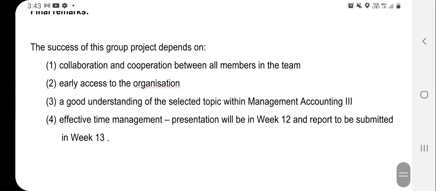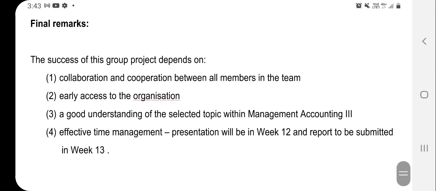Final remarks. Okay. The success of this group project depends on 4 factors: collaboration and cooperation of all members in the team, early access to the organization. So I think this week you should find an organization that is willing to help you to do this assignment.